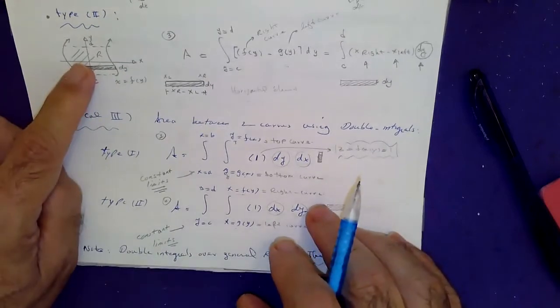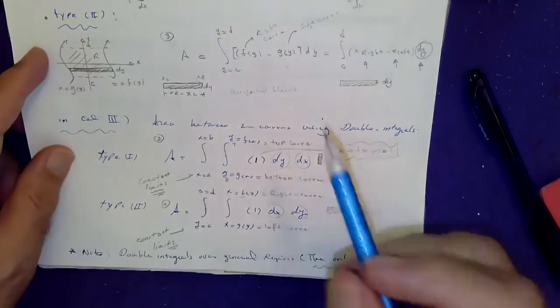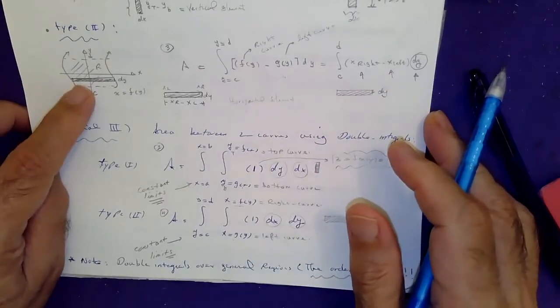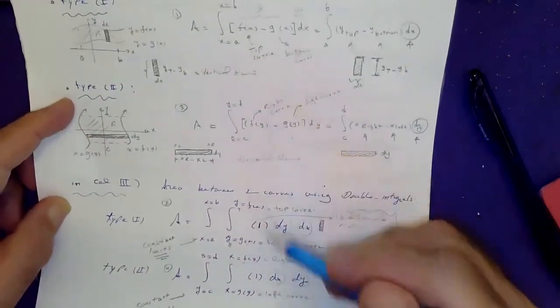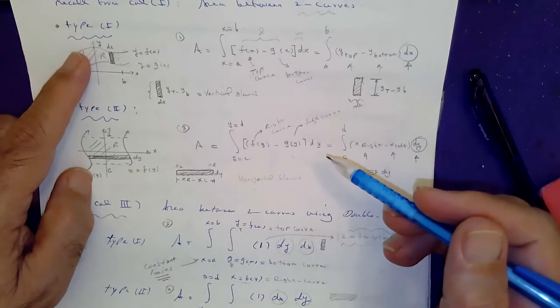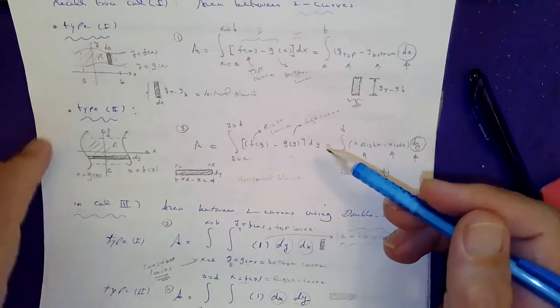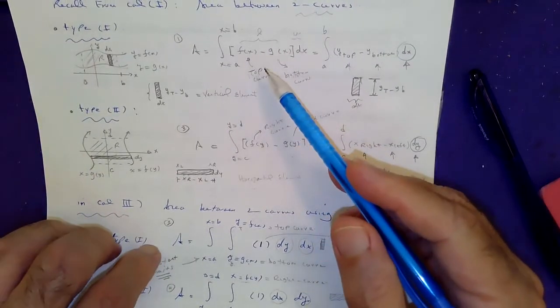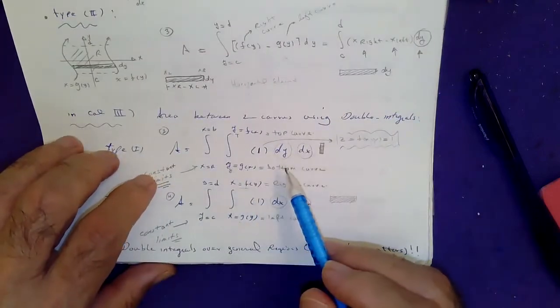So do you see it? Numbers 3 and 4 find the area for type 2, and 1 and 2 find the area for type 1, except instead of a single integral, now we're using a double.